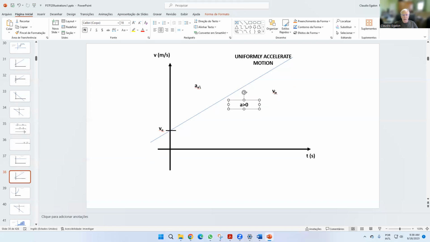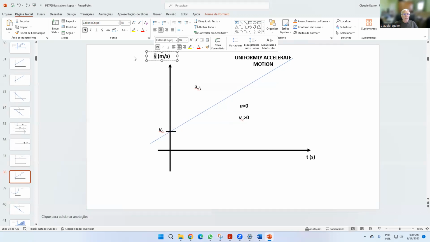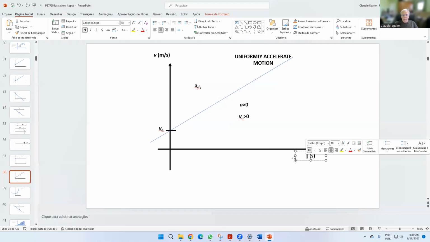Let me put my A downstairs here as a subscript. Now V naught greater than 0. I'm going to italicize these to make it look nice.